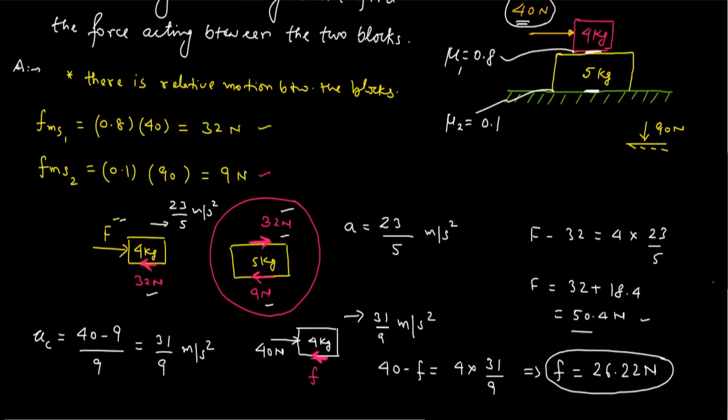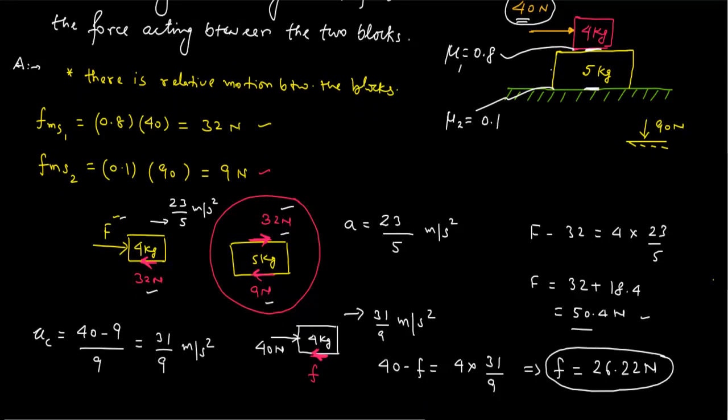You have to consider first the motion of that block which is moving solely because of friction, and here it is the 5 kilogram block, and you have to calculate the possible force that can cause the FMS. From here you can have a situation of common acceleration, and unless that is achieved, obviously the blocks will move together. Clear? So you will calculate accordingly.